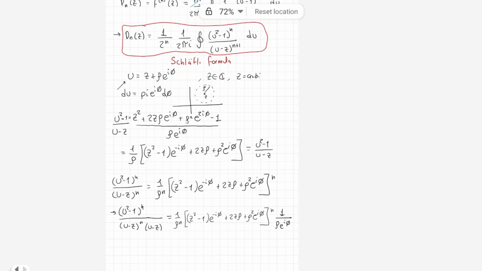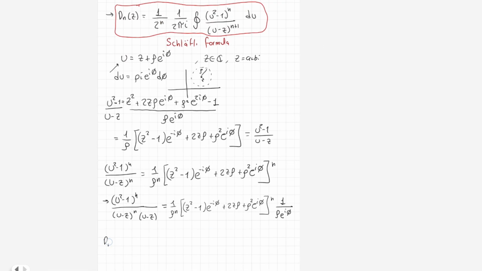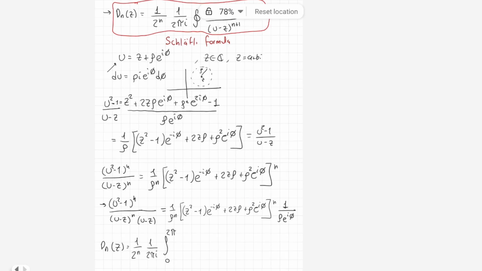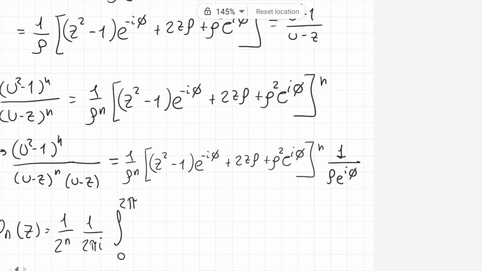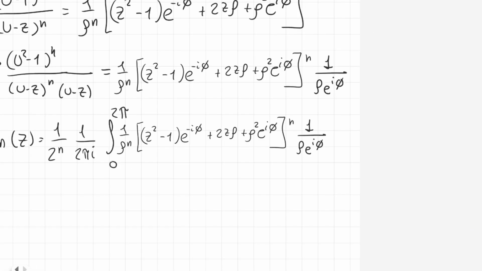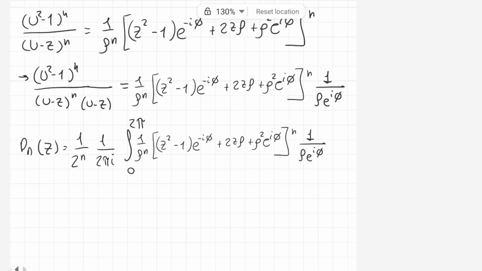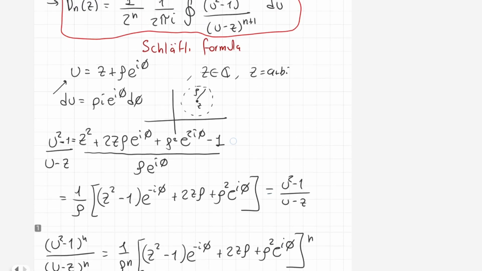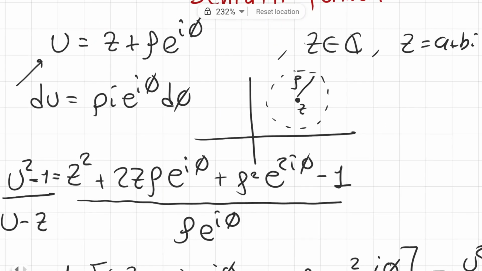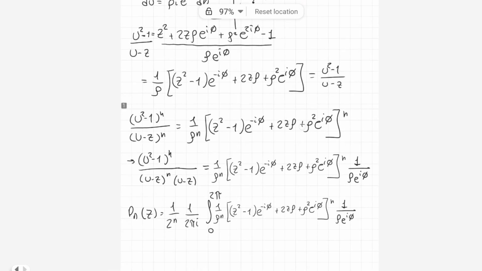Okay, perfect. So with this, we can now construct our integral, right? So we will get that p sub n of z is equal to 1 divided by 2 to the n, 1 divided by 2 pi i, and then the integral from 0 to 2 pi of, well, this quantity that we have here. So let me copy. Okay, there it is. And then it is going to multiply du. But du is rho i e to the i phi d phi.